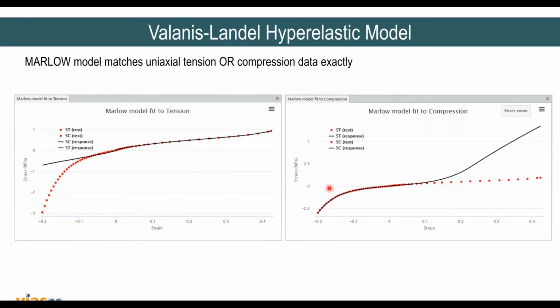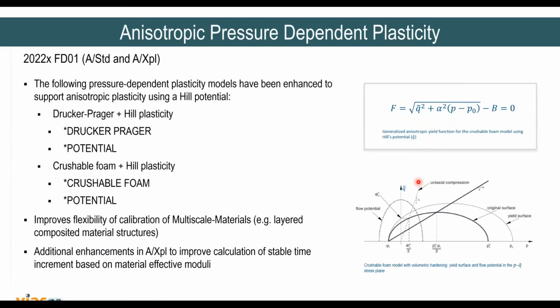If you want to capture the compression side, then the tension side is left out. So the model is very good when either the tension or the compression side is important, but many times you have tension and compression both together, and that's where this new model would be very useful.